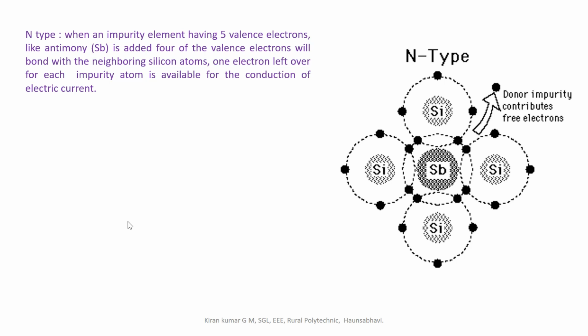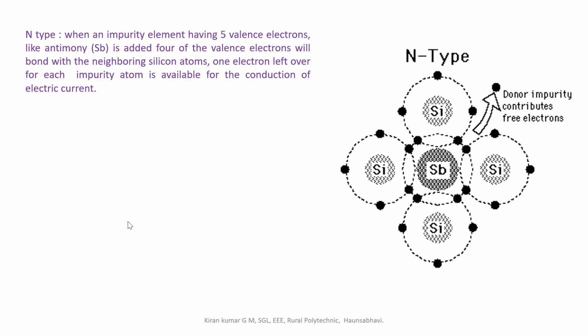As this pentavalent substance can donate 1 free electron to conduct electricity, the impurity substance is called a donor impurity. A donor impurity is called so because it can give out 1 electron as a free electron. That's why pentavalent impurities are called donor impurities.